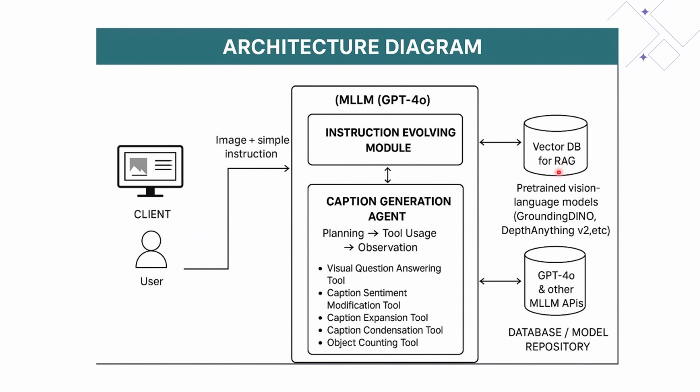It uses RAG to find similar past examples to guide its thinking and applies the different vision tools like VQA, Grounding Dino, Depth Anything to detect and label objects and to understand the spatial relationships. So finally, it follows the professional instruction and produces a high quality context aware caption that matches exactly what the user needs.